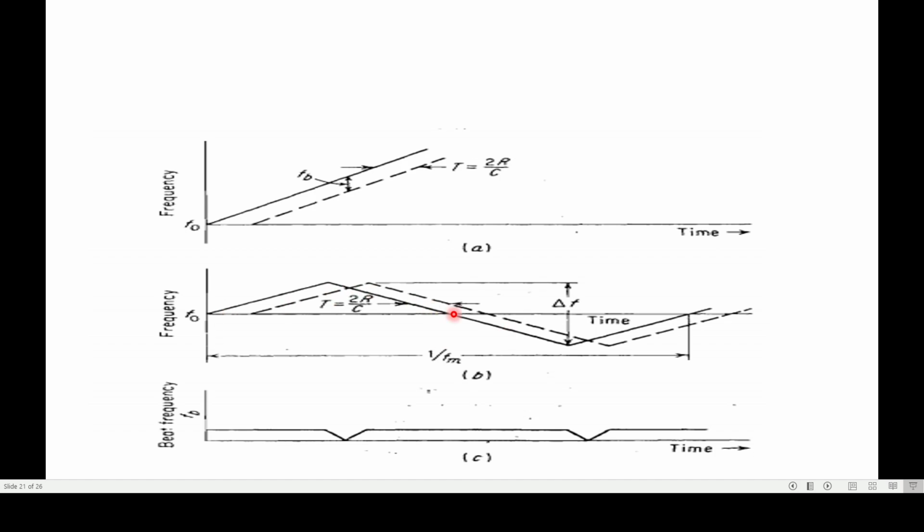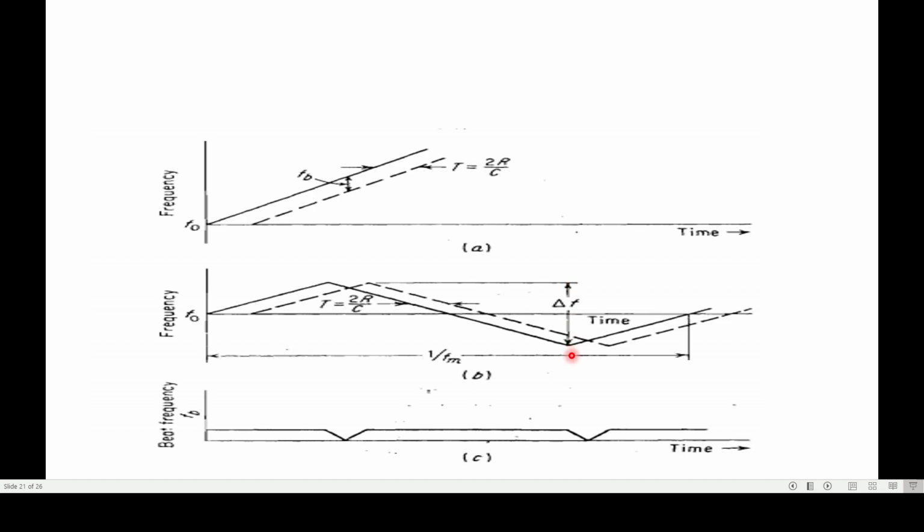The solid line indicates the transmitted signal and the dashed line indicates the received signal. The difference in this time slip, that is T is equal to 2R by C, is the runtime. This can be measured directly for pulsed radar, but for continuous wave radar we need a time mark, and a time mark is possible only in the case of a frequency modulated signal.